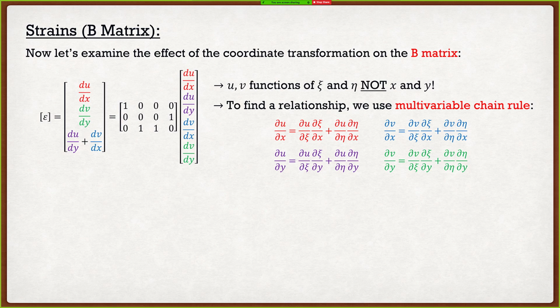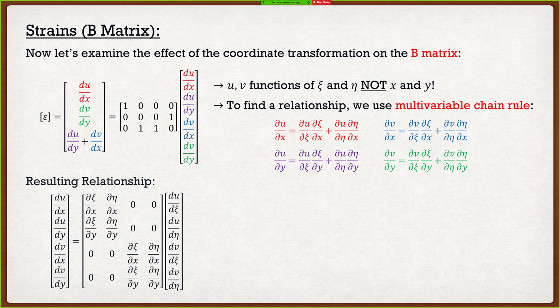Now, these four relationships that we have here, we can actually write them in matrix form as the following, where our matrix du with respect to dx, du with respect to dy, etc., can be related to du with respect to d eta, du with respect to dz, etc., through that following matrix in the middle.